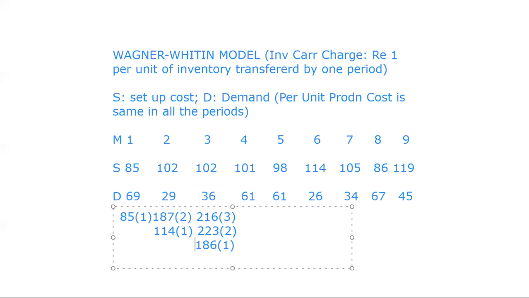Such cases have been excluded, and we have considered only those cases where IT star PT is equal to 0. And all such cases have been completely enumerated. So according to Wagner-Whitin, the optimal solution for a 3-period problem is to produce in period number 1 for the entire periods 1, 2, and 3, and that is the optimal schedule.